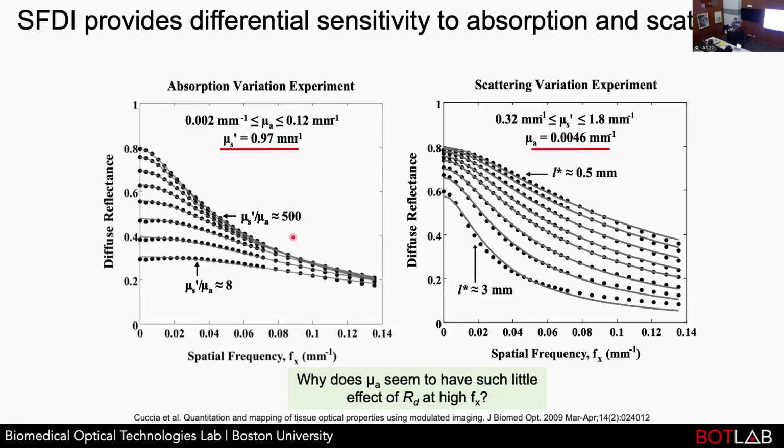So out here at high spatial frequencies, you're only sensitive to, or really listening to, whatever analogy you want to make, some small portion of the detected photons. And in this case, it's photons that have traveled shorter path lengths, right? That's a little bit conceptually more challenging to think through than just having the source very close to the detector, where you can see a bunch of the photons are just going somewhere else and not to your detector.